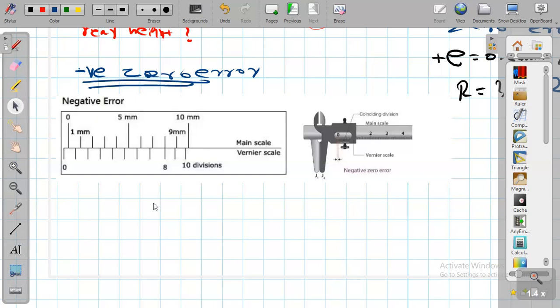So actually this one is supposed to slide along this reading to the right hand side, but this one has moved to the left hand side.